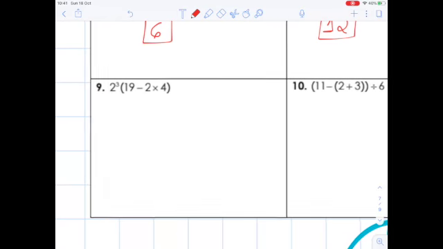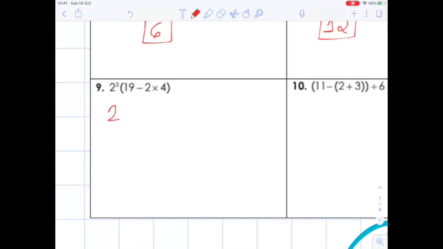We're almost done with the exercises. Number 9, I have 2 cubed times 19 minus 2 times 4. So be very careful with this one. Once again, PEMDAS, parentheses first. So I have to simplify what's inside my parentheses first, which is 19 minus 2 times 4. Between a subtraction and a multiplication, I have to do the multiplication first.